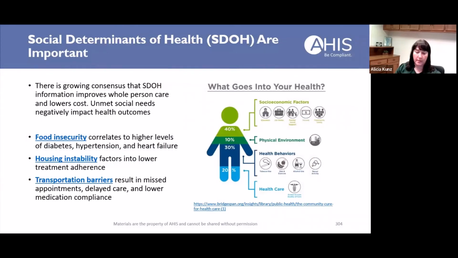So we're going to talk about something that is popping up more as far as coding, and this is the social determinants of health. This is brand new as far as us introducing this within our materials, and these are different things, unmet social needs that can negatively impact somebody's health.